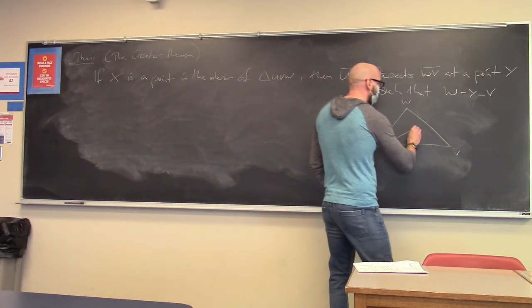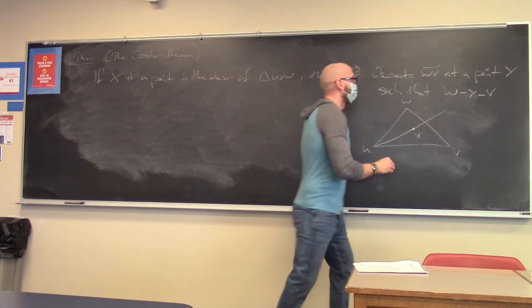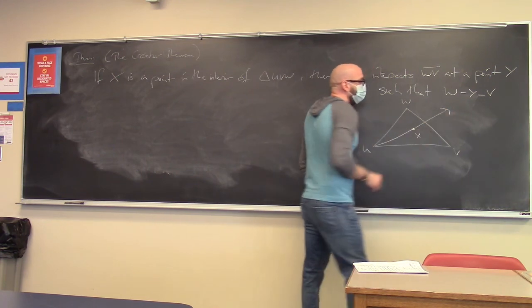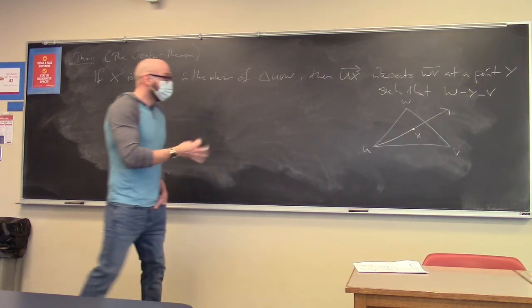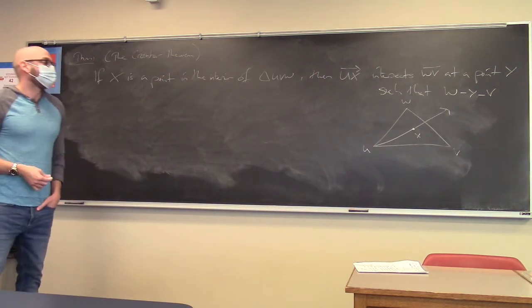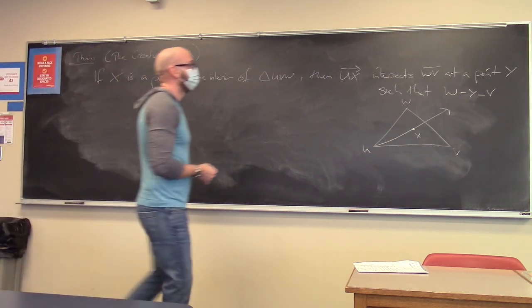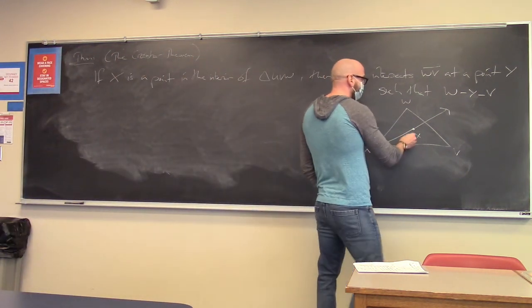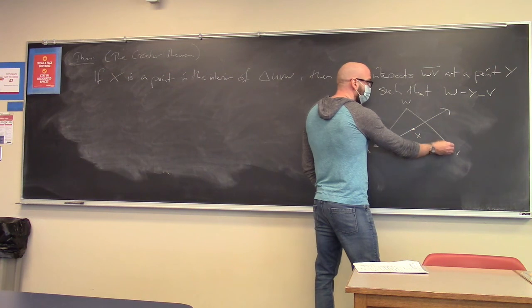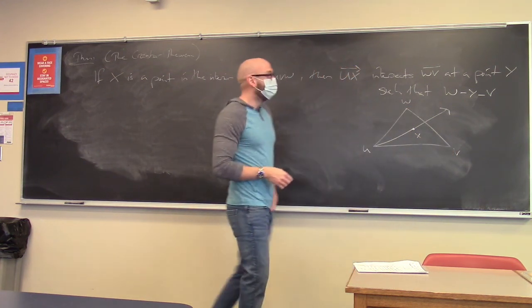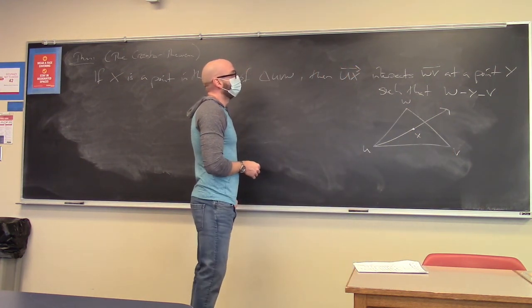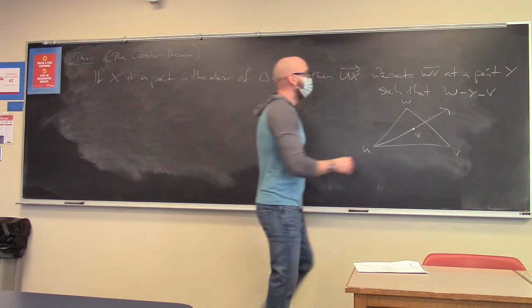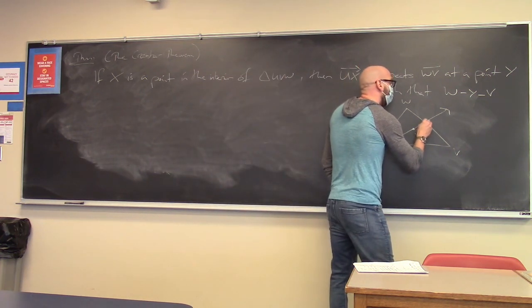So just keep going. Then the crossbar theorem states, from this picture, a very obvious statement: if I extend this, it must cut through this opposite side of the triangle, VW, or I'll call it WV, at some point Y between them.